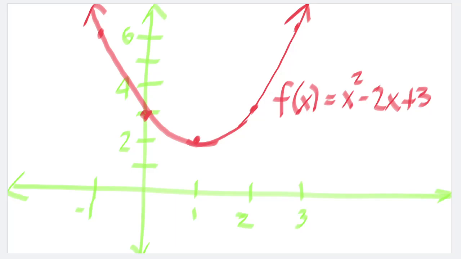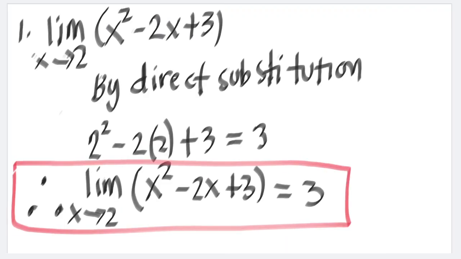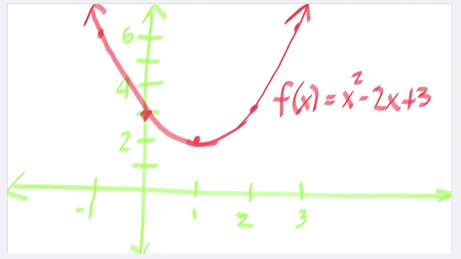Now, according to the limit, what happens to x squared minus 2x plus 3 as x approaches 2? So that is the basic definition of a limit. So if we want to analyze it by the graph, what happens to the function x squared minus 2x plus 3 as x approaches 2?